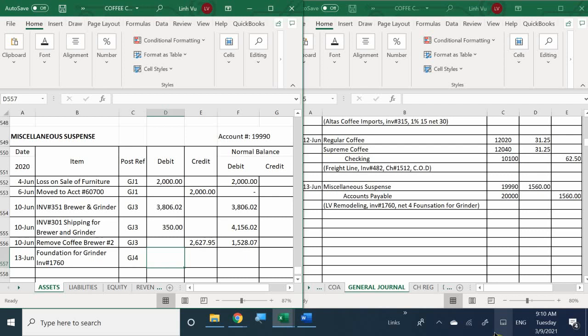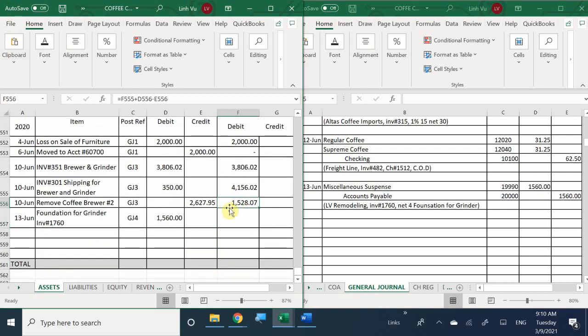And we increased it by 1560. So let's see how much the coffee grinder is now. Right now it's sitting in our miscellaneous expense at 1528.07. So by adding this extra, you should have 3,088.07 right now.